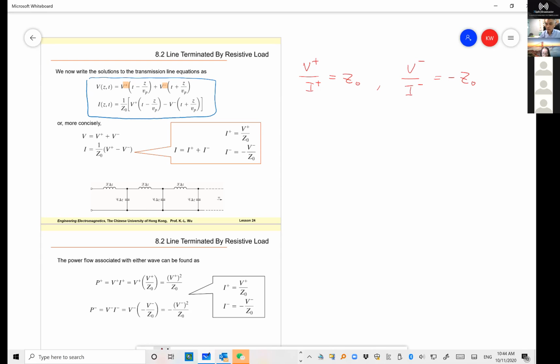Then we can find the total voltage: two traveling waves superposed together. Concisely, this is this, and to find this, we use these relations.